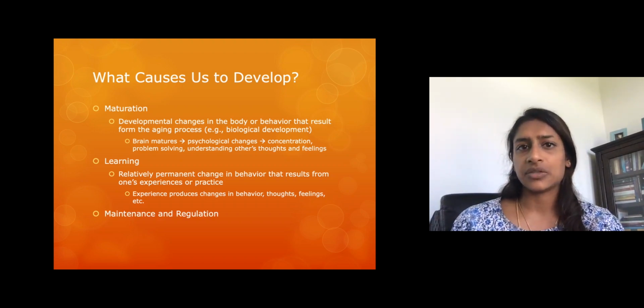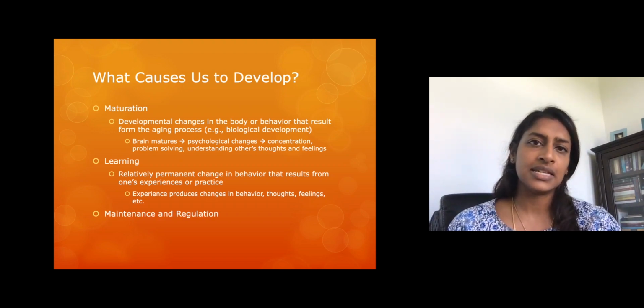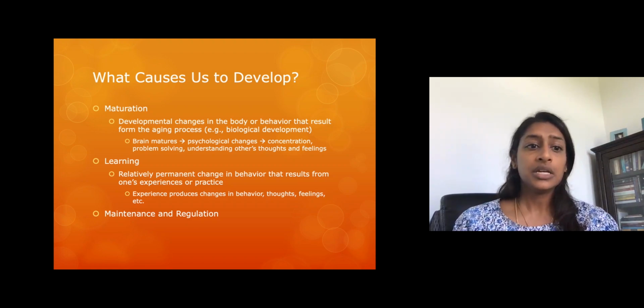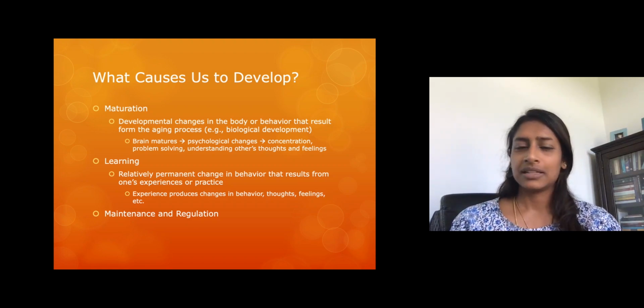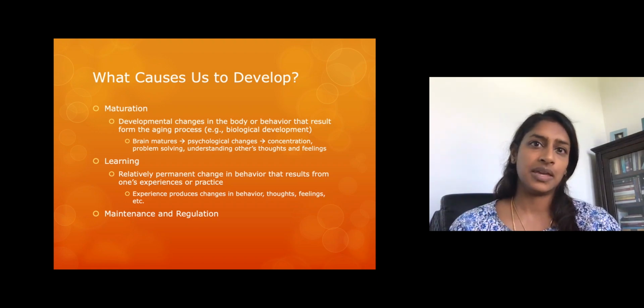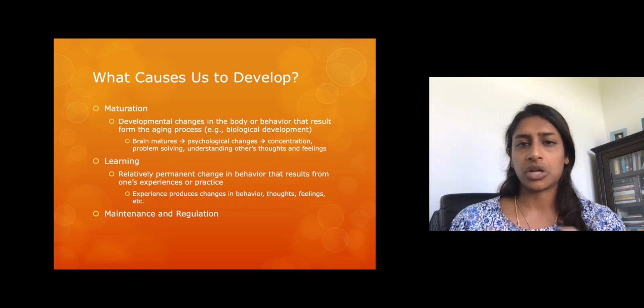The last thing that's related to our development is this idea of maintenance and regulation. Particularly when we think about neural connections, we have a use it or lose it principle. So when we talk about language acquisition, say I'm an infant, I'm a child, and somebody's talking to me in another language other than perhaps English.